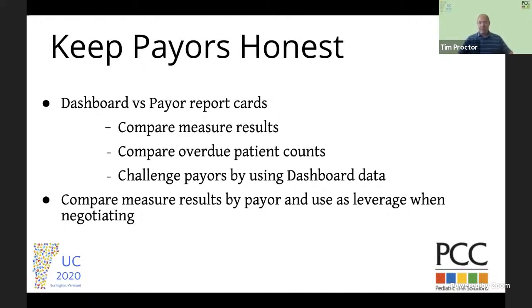What are the immunization rates for your practice for that population, for that payer, and use that as leverage. If you are a top performer or a high performing practice and have close to 100% of your active patients up to date on vaccines for that particular payer, use that data as leverage and show that you're tracking that.